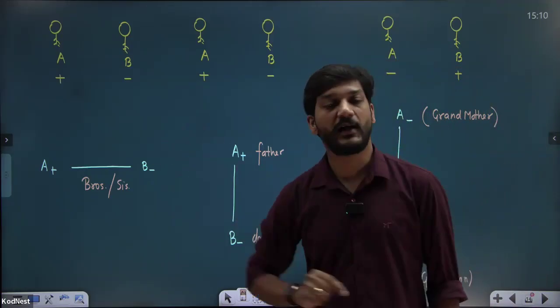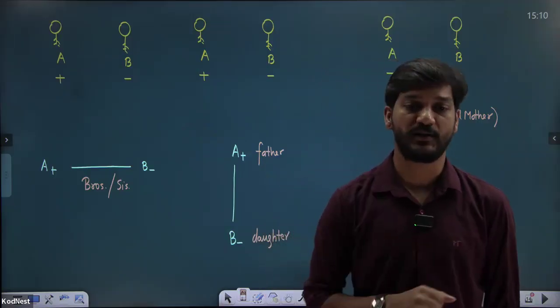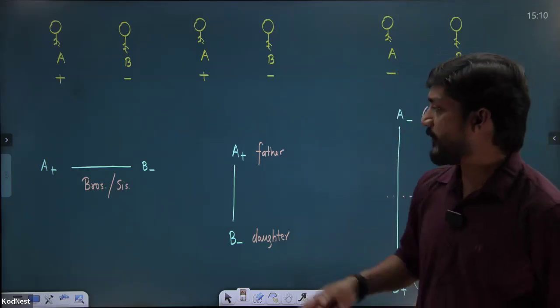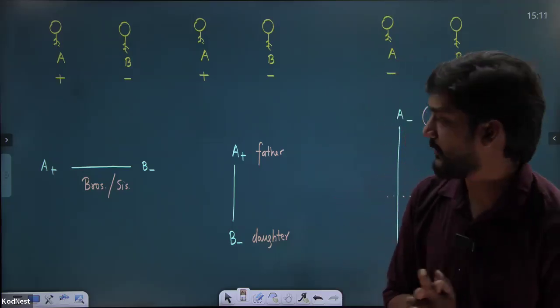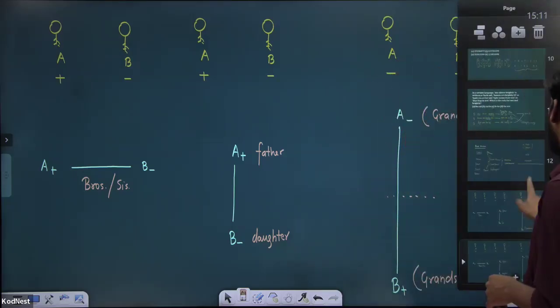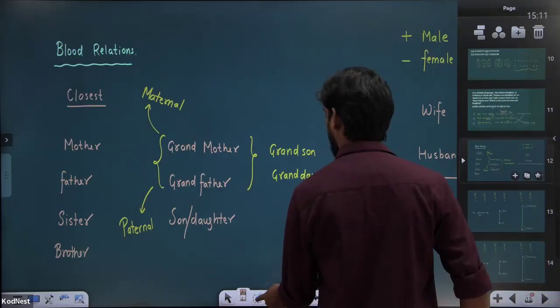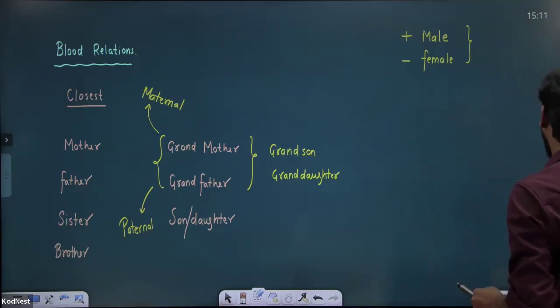I'm saying one single line will be able to represent all the relations which we have seen as closest. My dear, husband wife will take separately. I told you now. Okay, separately. So husband wife we are not counting in this. So husband wife I will take separately. Okay.